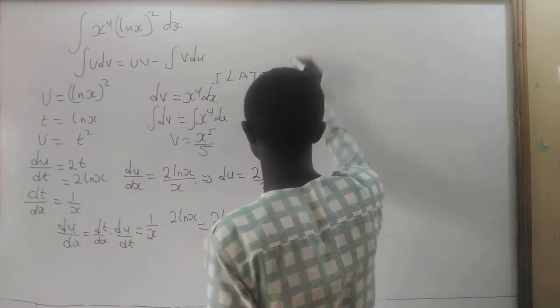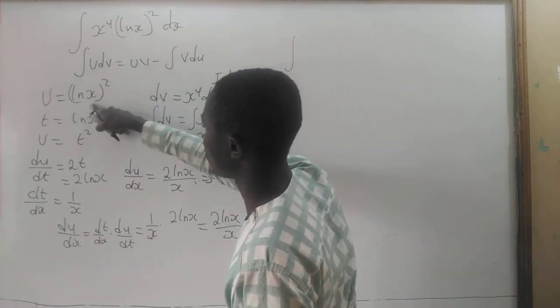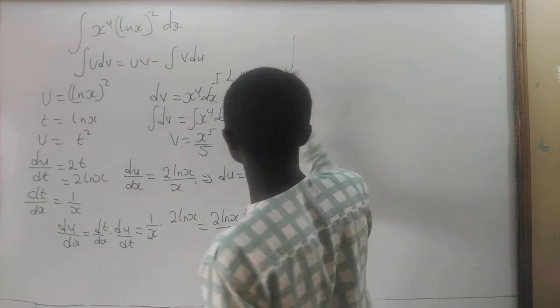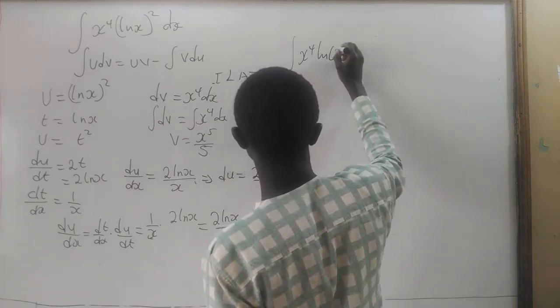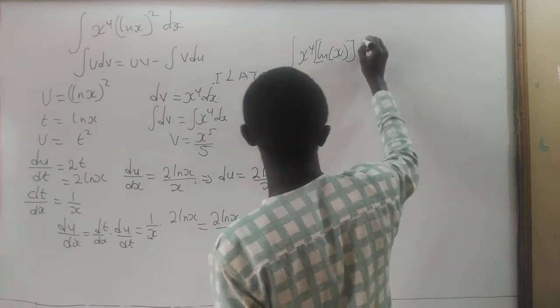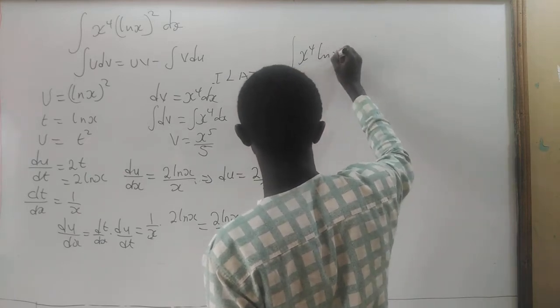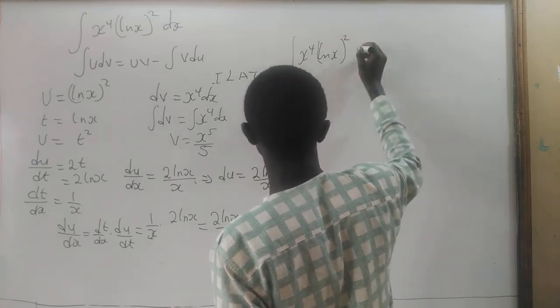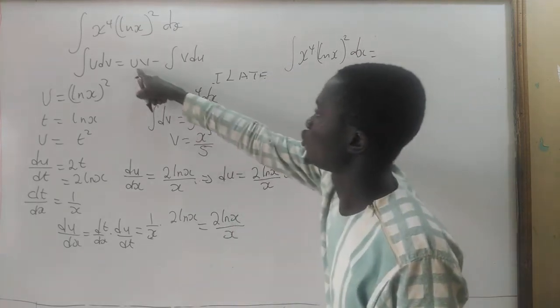So here we are going to have the integral u dv. This is our u, and this is our dv. So we have x to the power 4 natural log of x all squared dx. Or let me write it as I wrote before. The same thing is equal to uv.